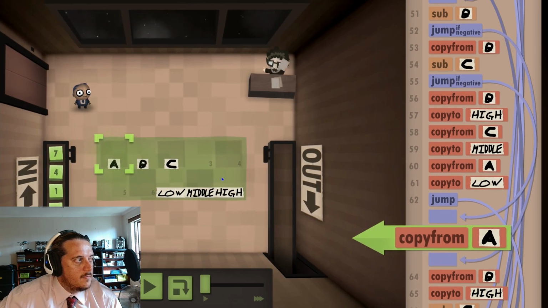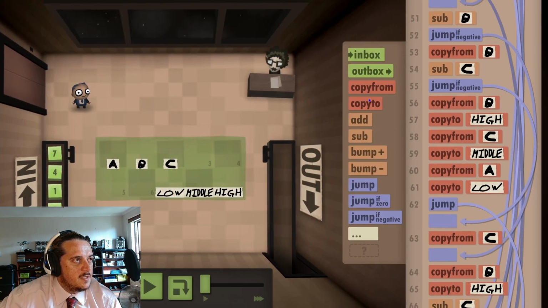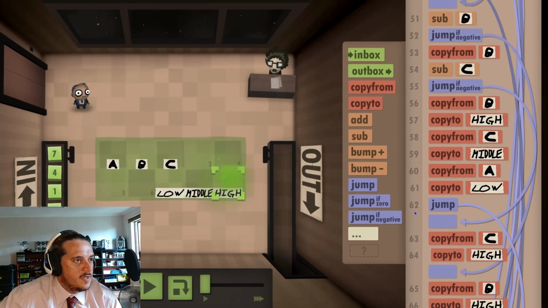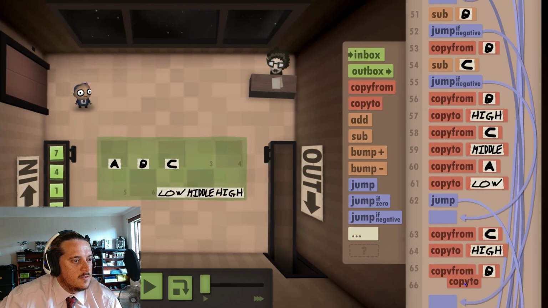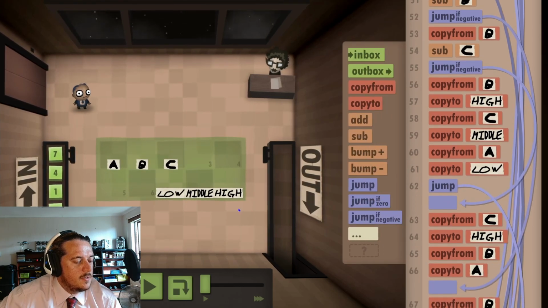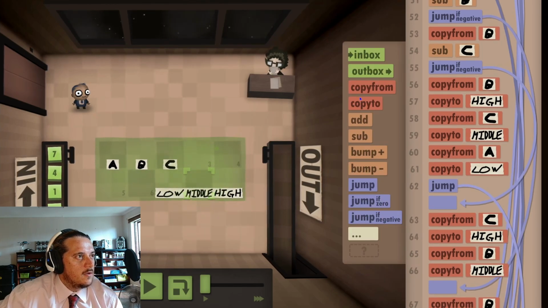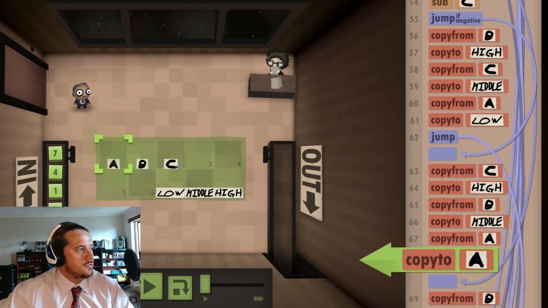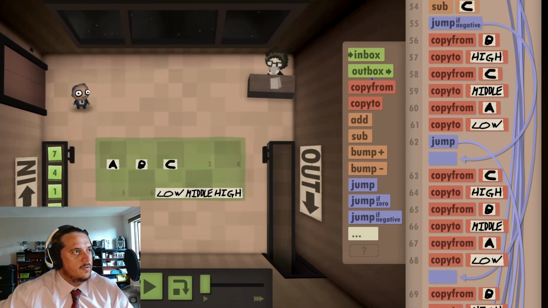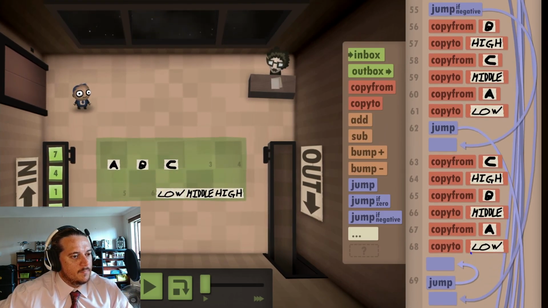Copy from C to high. From B, copy to middle. Copy from A, copy to low, and jump.